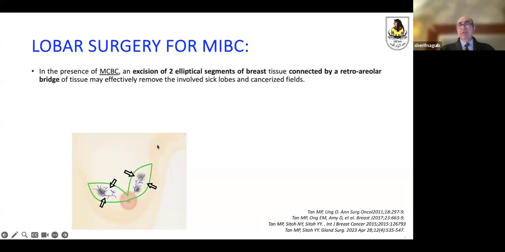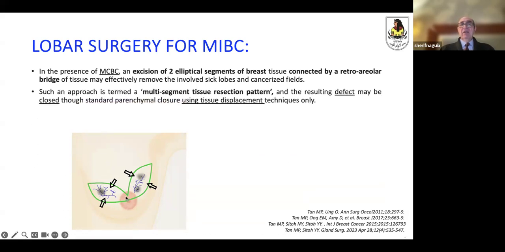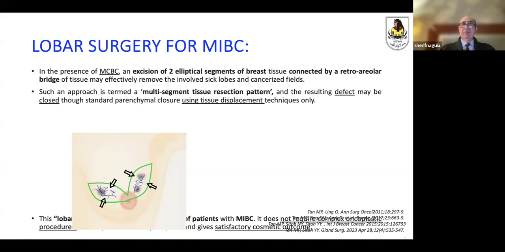You don't have to remove the whole breast, but you can remove two elliptical segments involving the different tumors, and these would be connected by a retroareolar bridge. And such an approach is termed a multi-segment tissue resection, and the defect that results after excision is easily closed without the need for complicated oncoplastic procedures. So this could be tried for the treatment of multicentric disease and breast conservation.